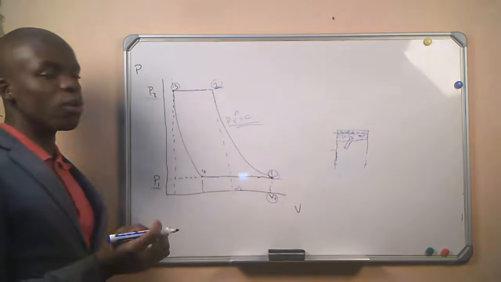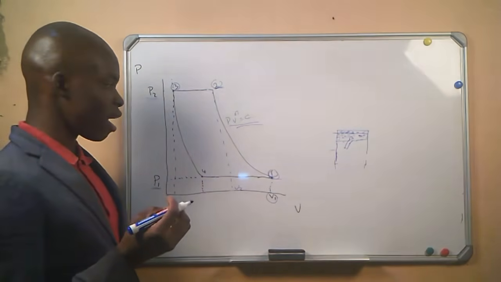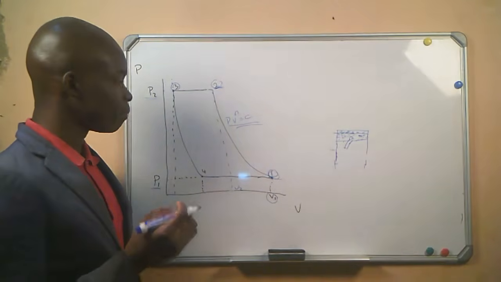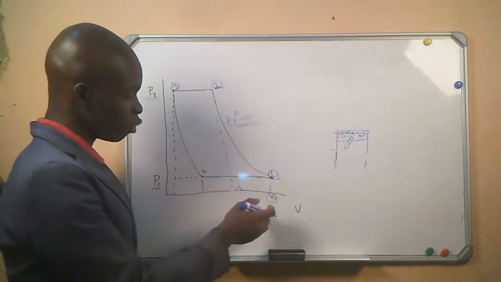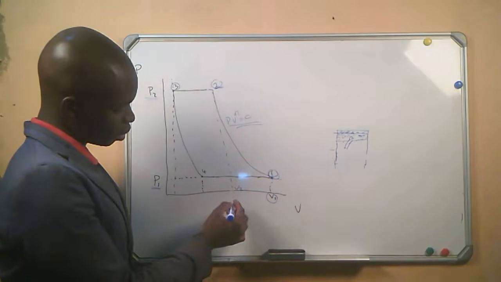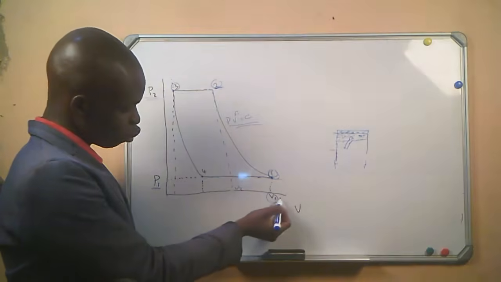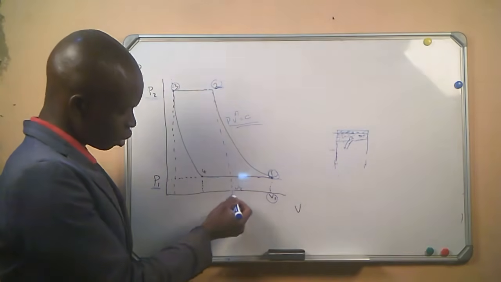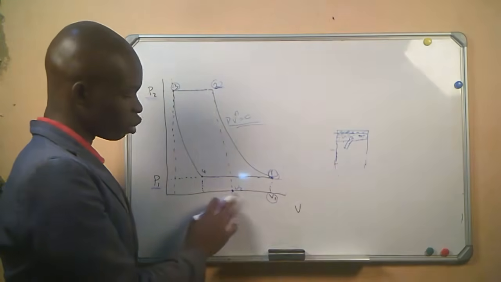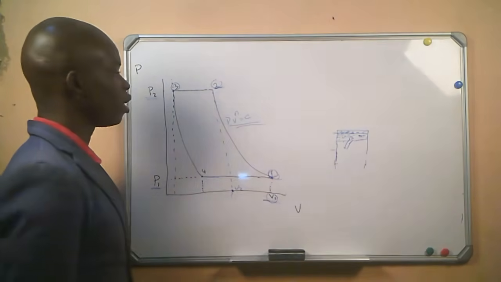We know that when we are compressing, there will be a decrease in volume. So the volume V1 will always be greater than the volume V2, as we see that the volume has moved to this point, which is less than V1.